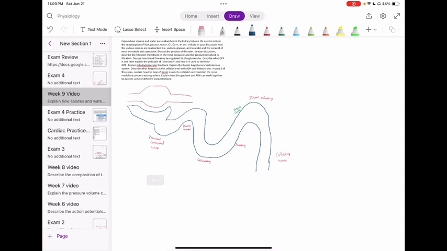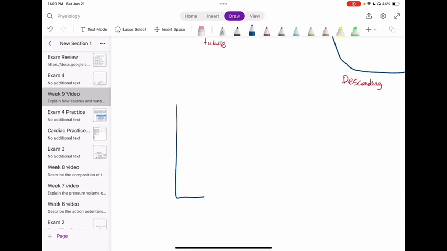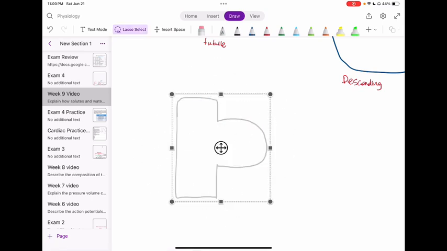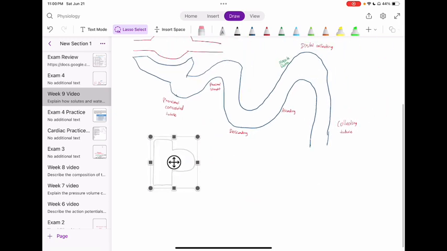Alright, so I'm going to draw these cells. They'll look just like this. You're going to need one for each here.